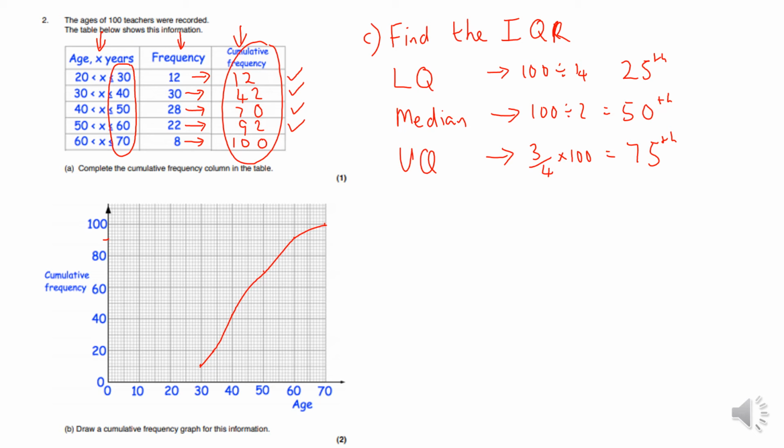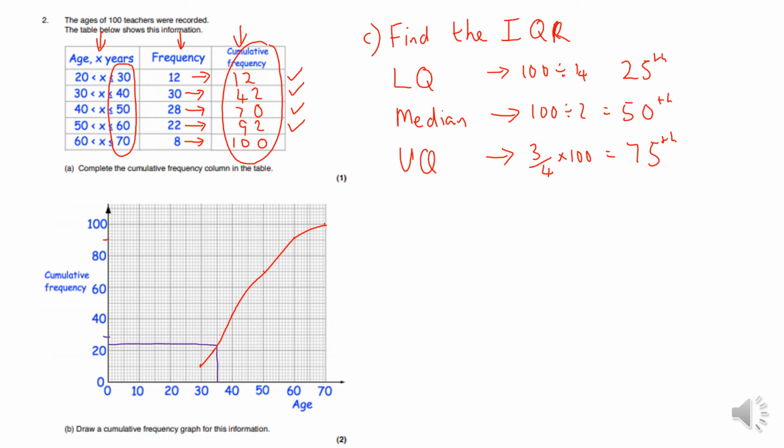So what you have to do is represent that data onto this cumulative frequency graph. For the 25th value, please be very careful up here. The 25th value is slightly up between, that's the 30th value there, so the 25th is going to be roughly there. So you would be using a ruler.